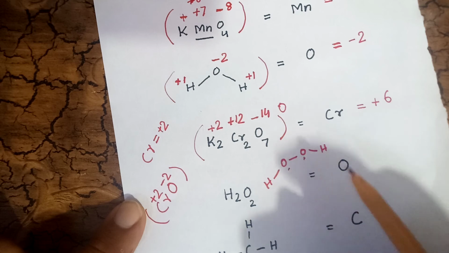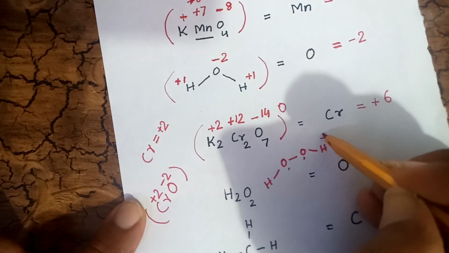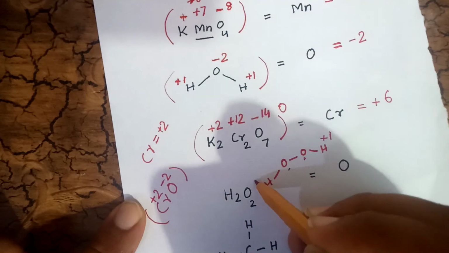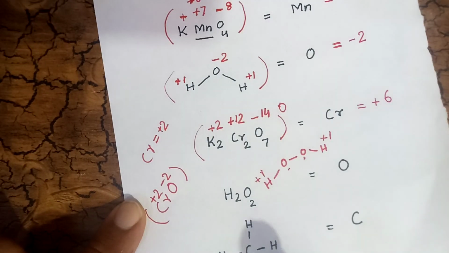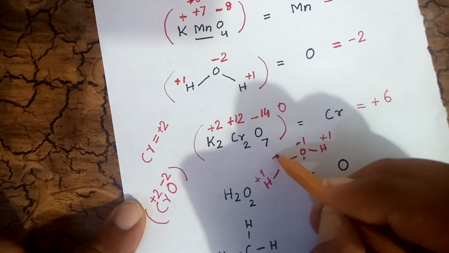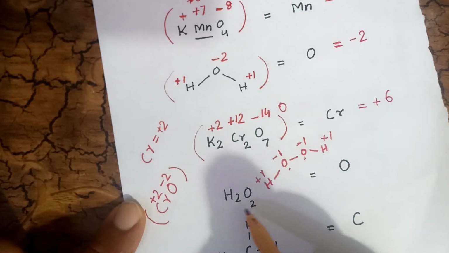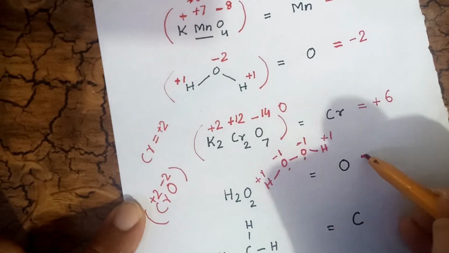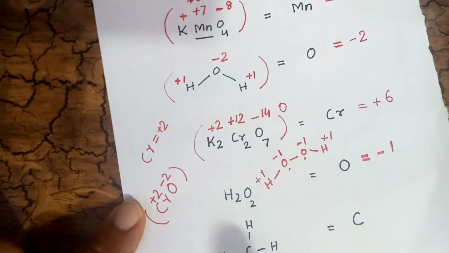So we can write the oxidation state of the hydrogen as +1 always, and here +1 always. So what oxidation state can we give to the oxygen? We give -1 here and also -1. So in hydrogen peroxide the oxidation state of oxygen is -1, because oxygen is linked with another oxygen atom.